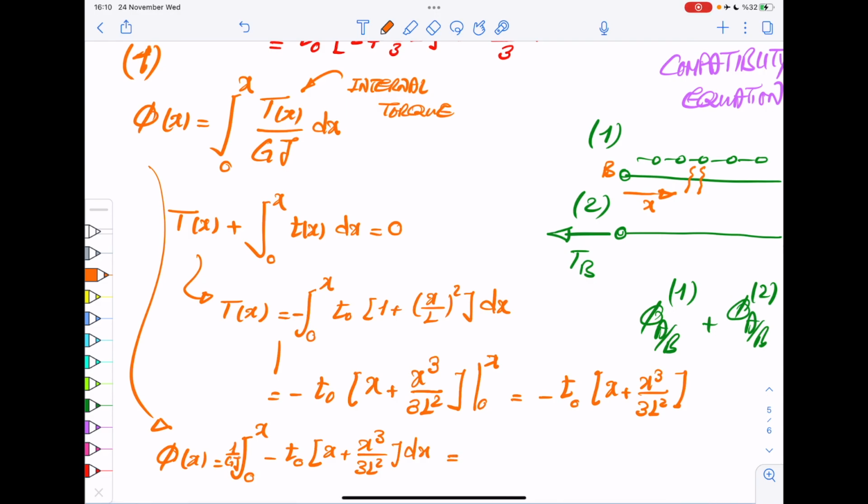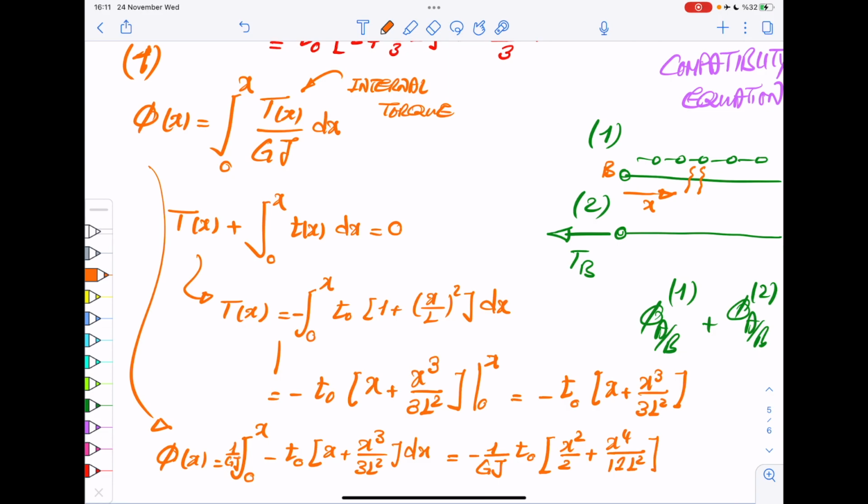If you do that, you get here x squared, and here x to the power of 4 divided by 4. So you get minus 1 over GJ times T0 times x squared divided by 2 plus x to the power 4 divided by 12L squared. This gives you the angle of twist at any point x.